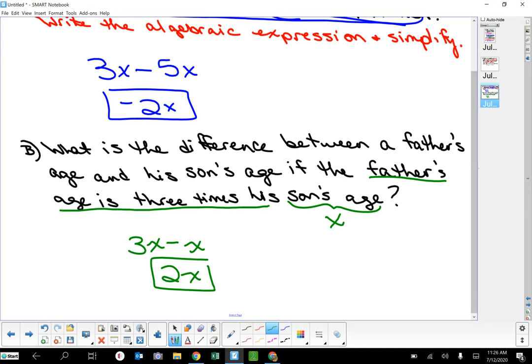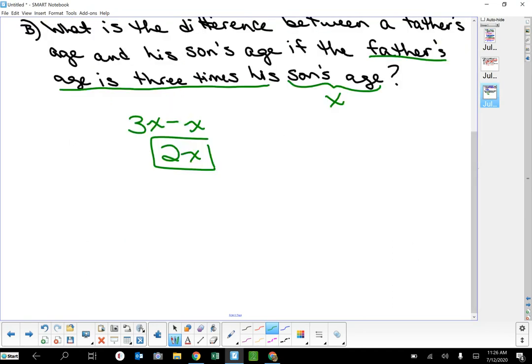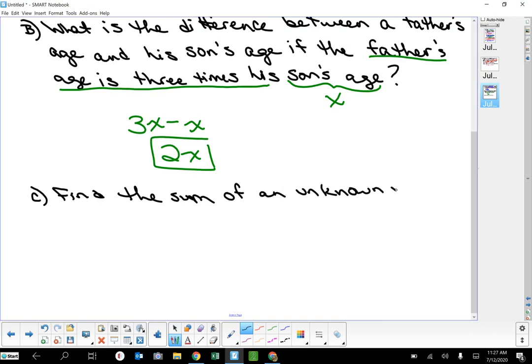Okay. One more of these before we move on to solving. This is C. Find the sum of an unknown number and 3 times an unknown number.